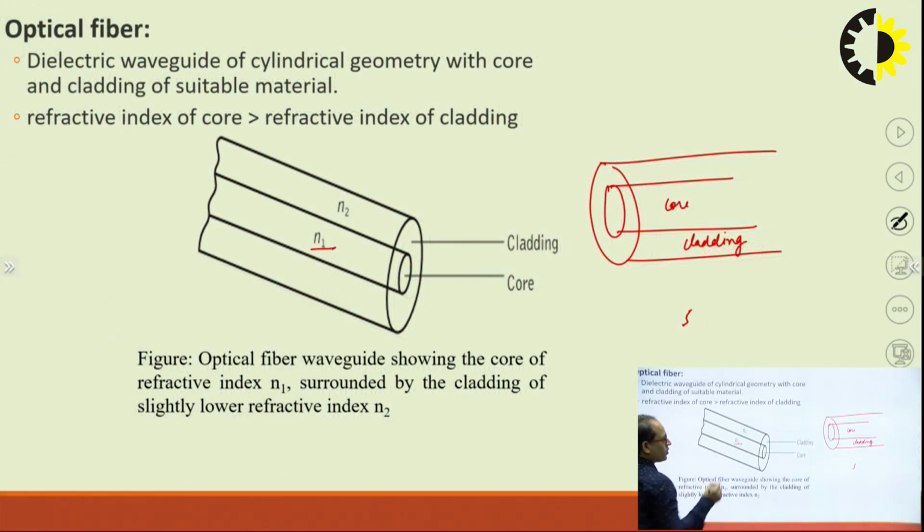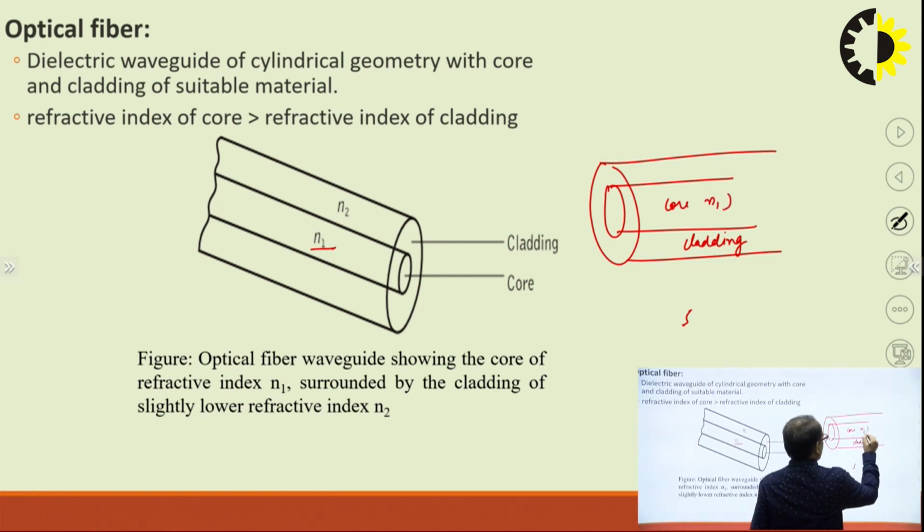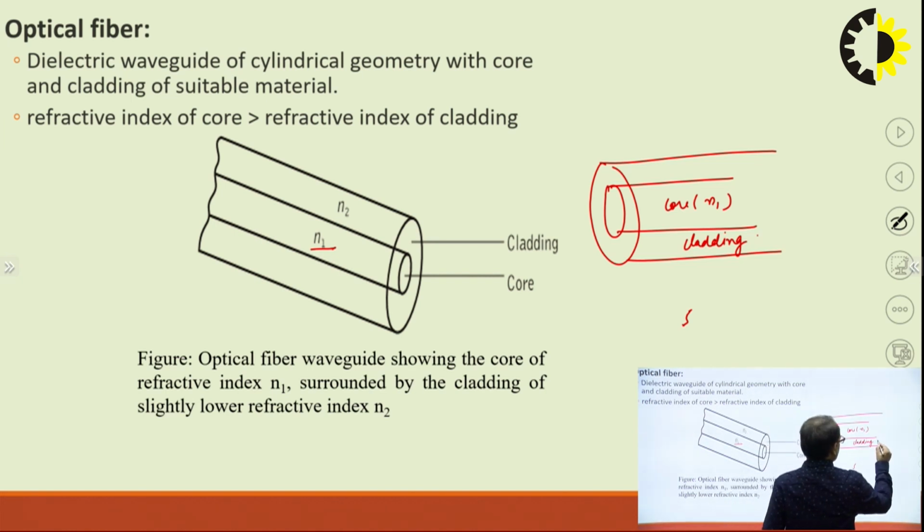If I talk about the refractive index, the refractive index of the core is generally represented as N1, and the refractive index of the cladding is represented as N2.